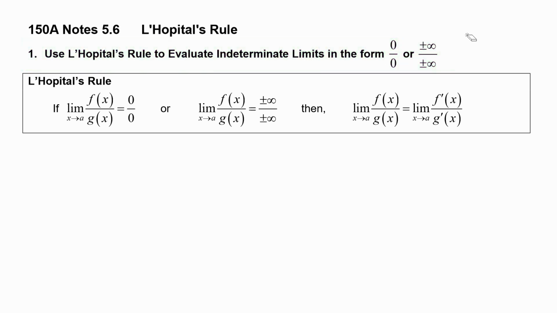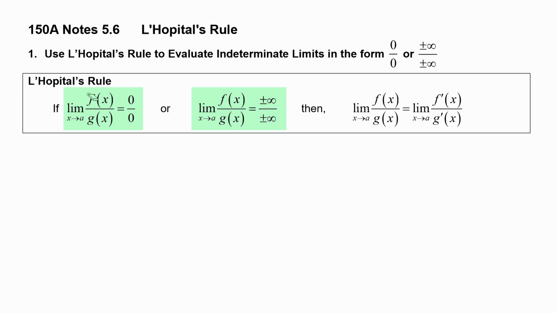Let's take a look at L'Hopital's rule, which says that if you have the limit as x approaches a of f of x over g of x and it equals 0 over 0, or that same limit equals either plus or minus infinity over either plus or minus infinity.